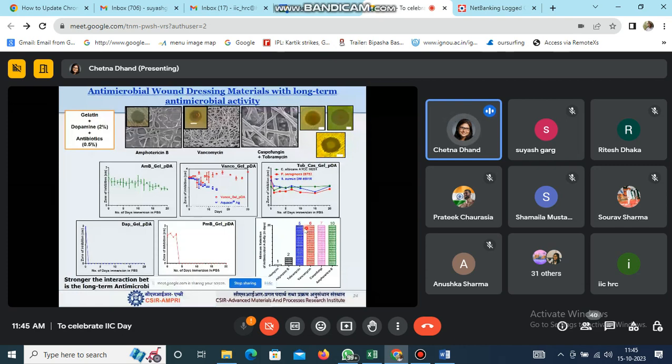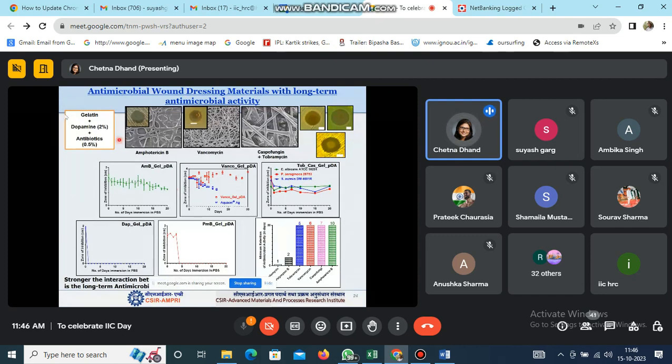But the antibiotics which have more functional groups, like amphotericin B, vancomycin, tobramycin, which have more hydroxyl groups, can actually show antimicrobial effectiveness even for 20 days. So that means the more hydroxy groups, the more the interaction of these antibiotics with the polydopamine and the gelatin. The more slowly it will release out from the dressings, and the more the durability of these wound dressings.